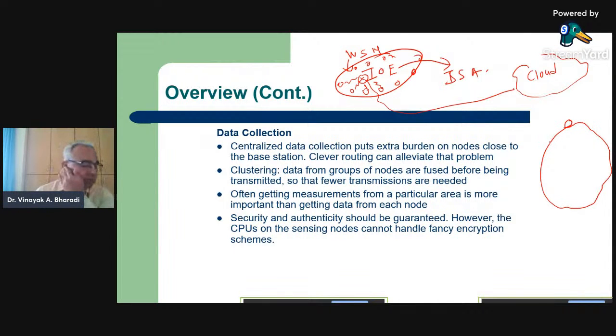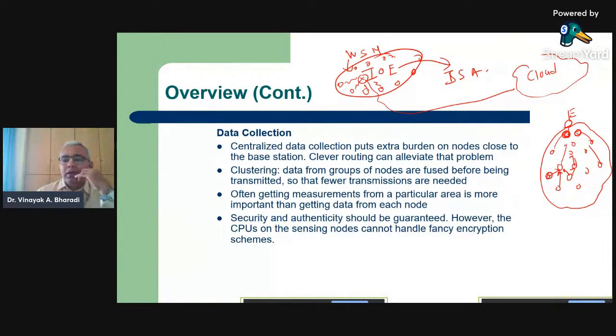So this edge node, the central node, is where the other nodes have to send their data. If relaying is used, the protocols generally work by relaying the data to a closer node.